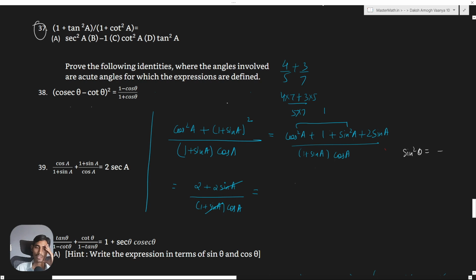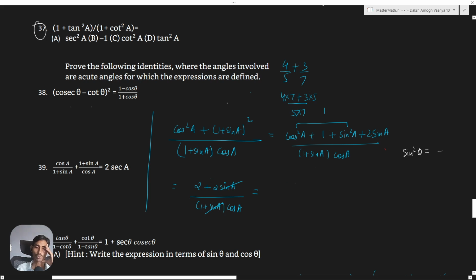So sin A and sin A got cancelled, but 2 plus 2 would remain. 2 plus 2 is 4. And there is 1 plus sin A. Where does that go? It goes to the numerator, okay.